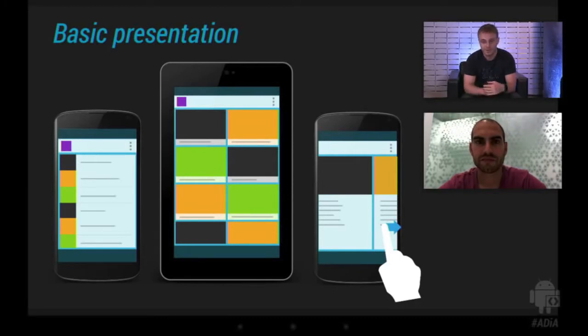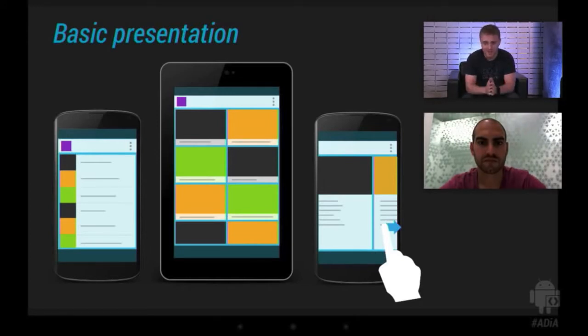Obviously, you can use a list to present a collection of objects, a grid to present a collection of objects, as well as something like a view pager, to swipe between different items within a collection. We're going to be focusing on the first two here. We're not going to spend too much time on the view pager, or the swiping between items. So just kind of keep that in mind.